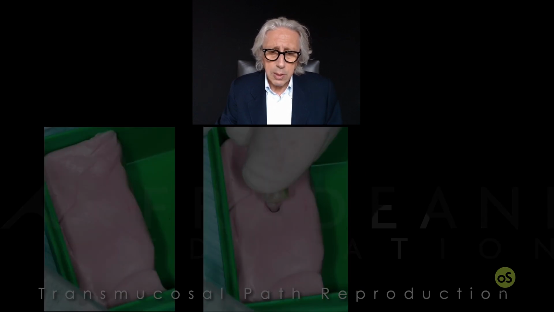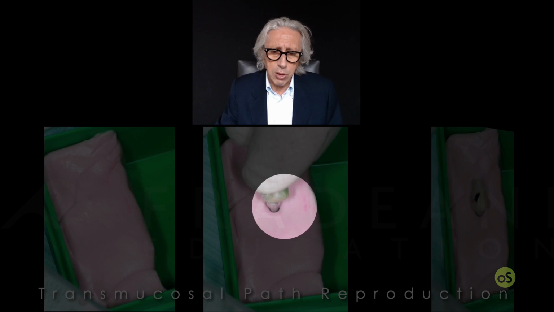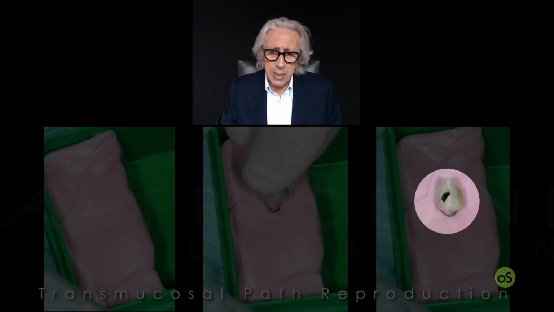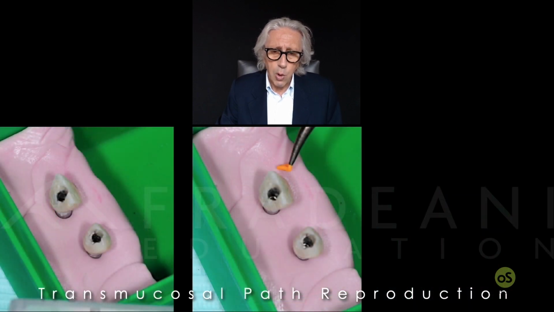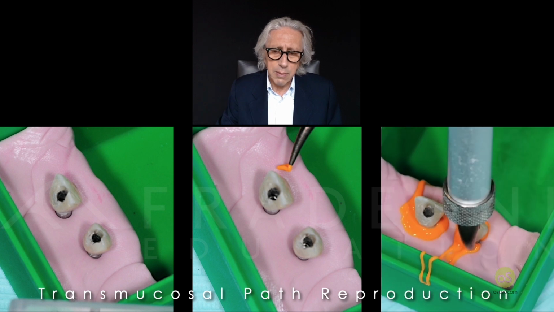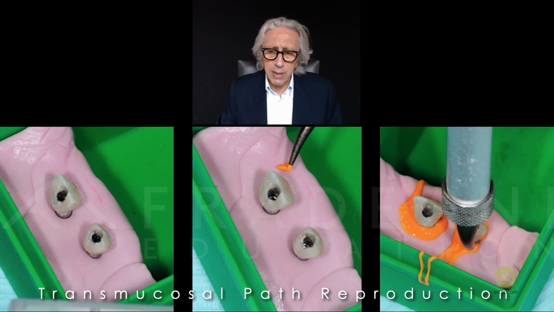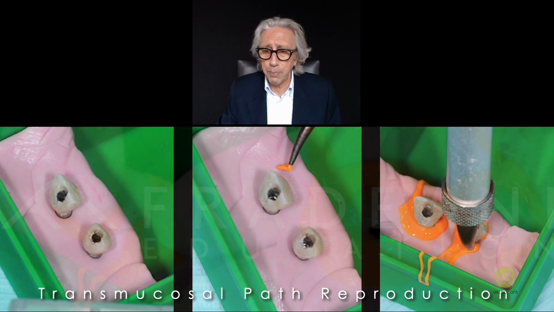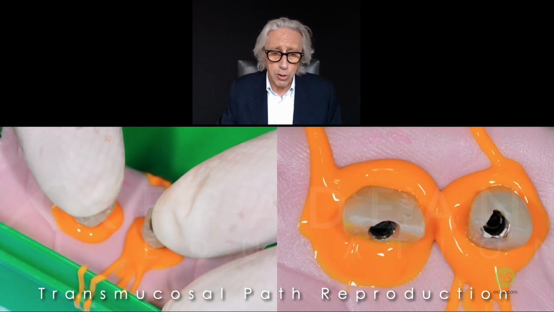We pushed this into the putty, almost completely but not completely, because then we relined with some light impression material, polyvinylsiloxane, light material, in order to have the best reproduction of this transmucosal path shape and contour.